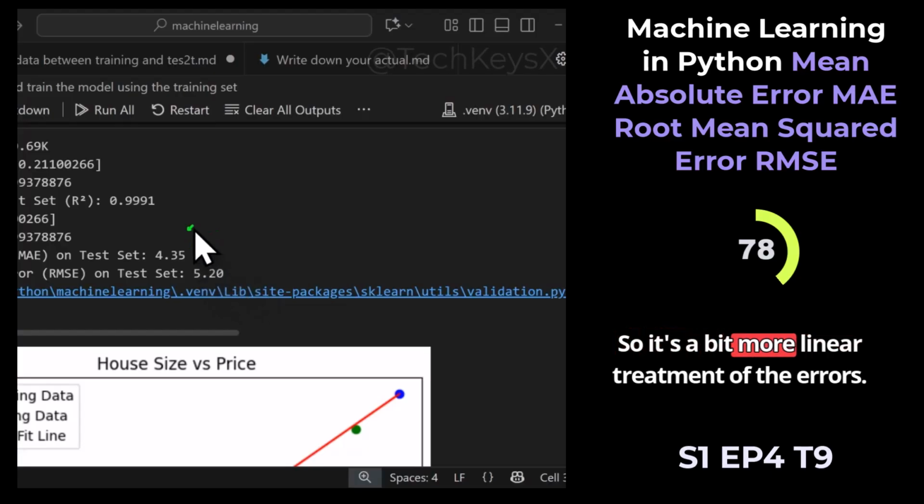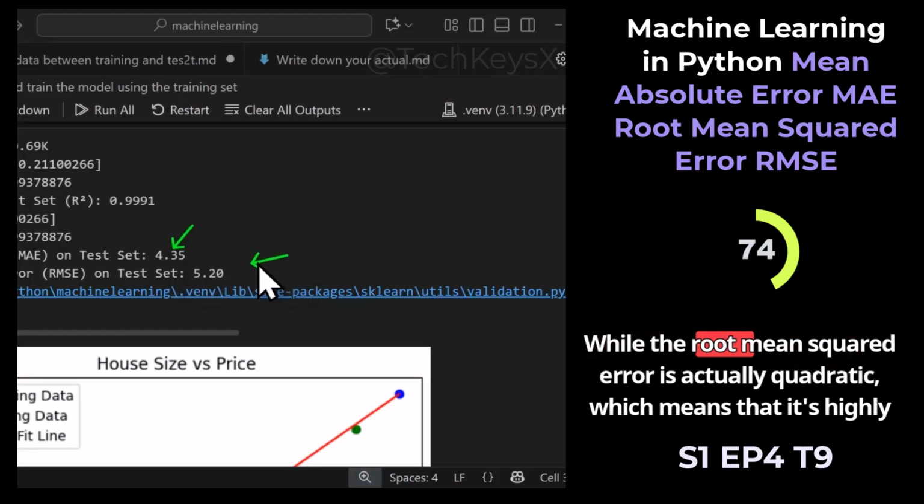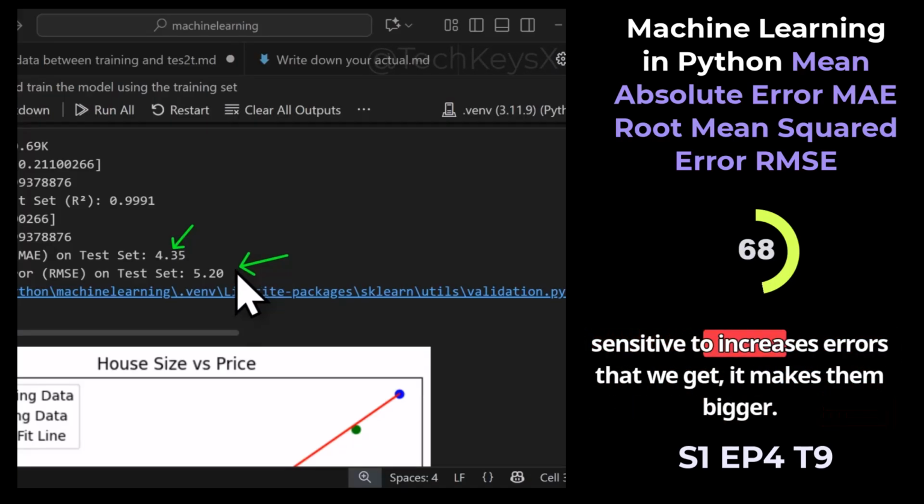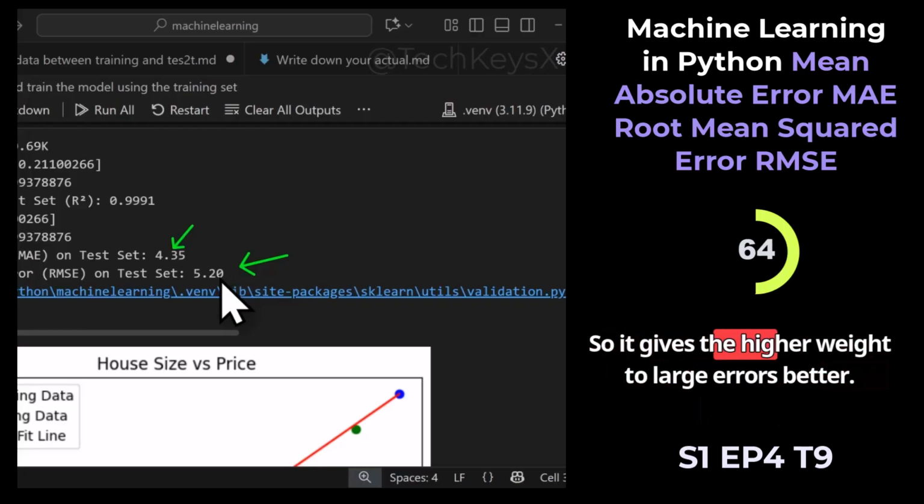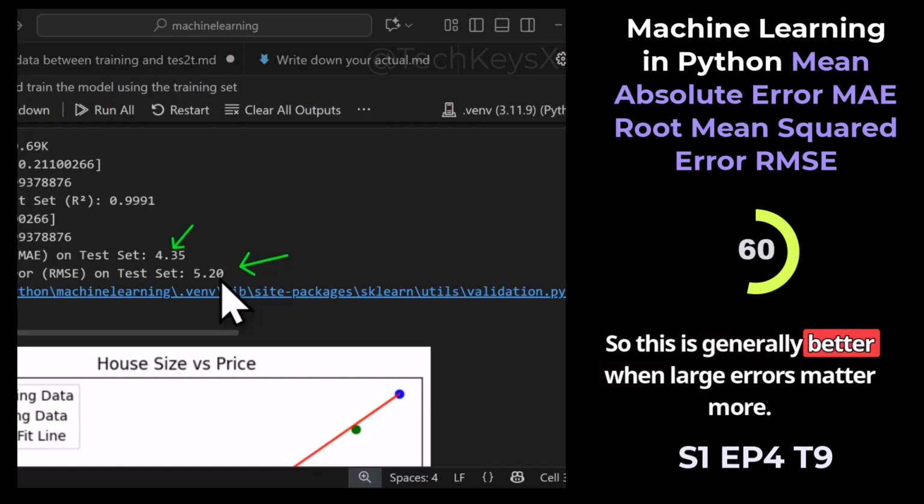So it's a more linear treatment of the errors, while the root mean squared error is quadratic, which means it's highly sensitive to increases in errors. It makes them bigger and gives higher weight to large errors. So this is generally better when large errors matter more.